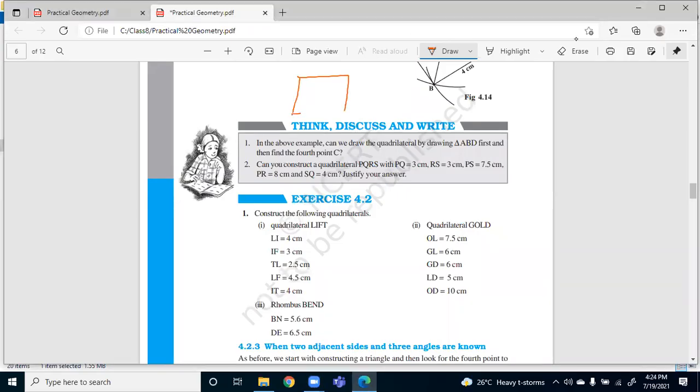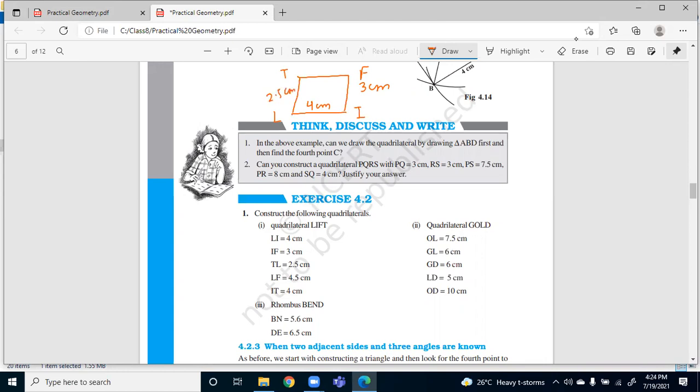So the first thing we need to do is make a rough diagram, a quadrilateral, and name it LIFT. Now I can see the length of LI is given as 4 centimeter. I'm mentioning it up. IF is 3 centimeter. TL is 2.5 centimeter.